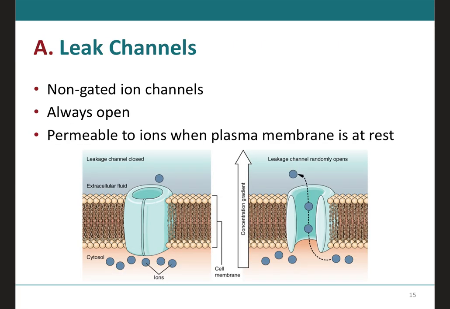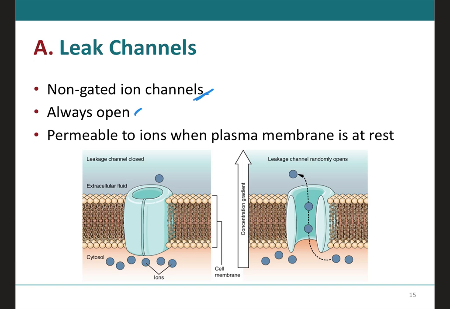So the first type of channel that we have is what we call a leak channel. And like the name says, leak means that it will always be open, so it doesn't really control the ions that are coming in or going out. Therefore, we can say that they don't really have a gate controlling what's going in and what's going out. So there's not really an actual event that will open up the channel.